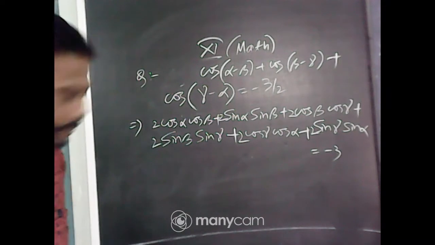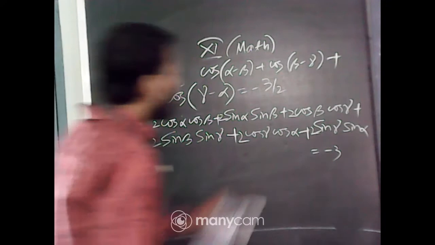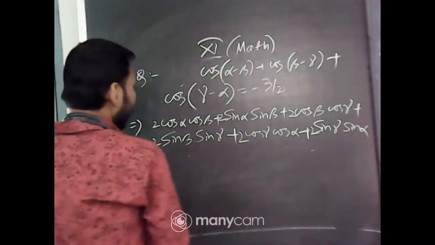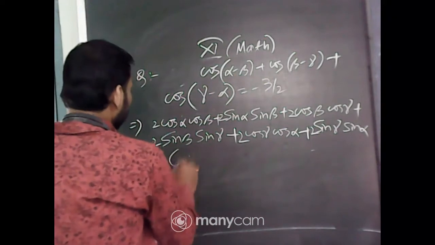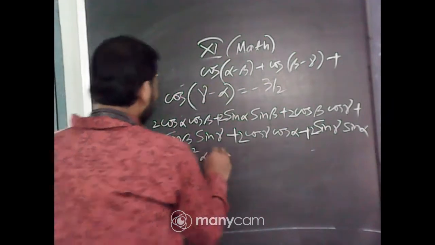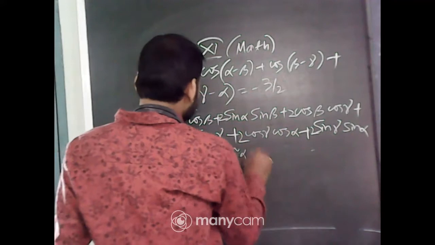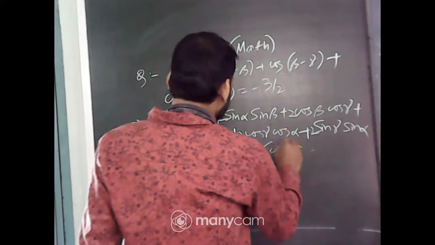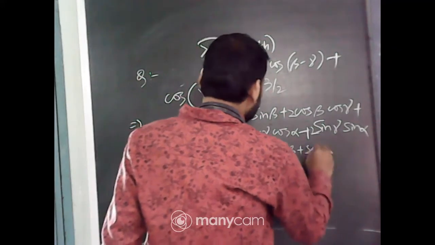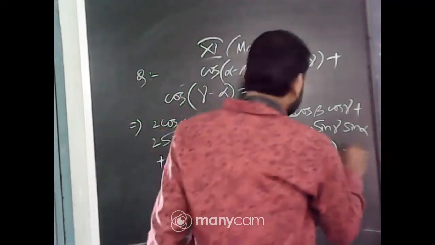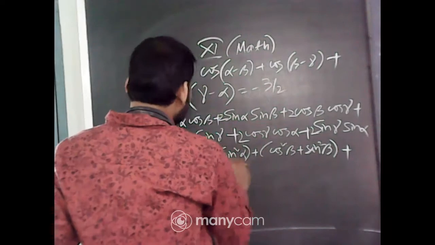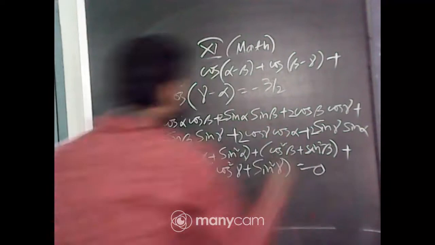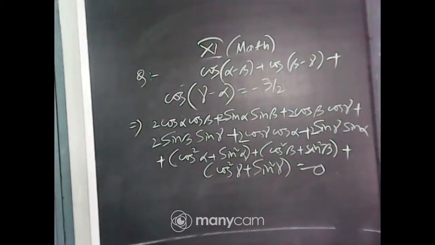Is it all right up to this line? And instead of minus 3, you may write here in the LHS that will be plus 3. So, cos square alpha plus sin square alpha, again cos square beta plus sin square beta, plus cos square gamma plus sin square gamma equals 0.